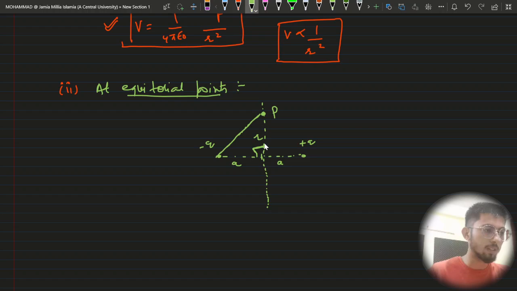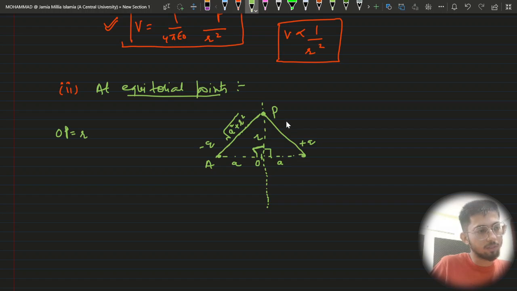So the distance from the charge to P will be under root of a square plus r square. Similarly for the other charge, this is r, this is still a, so this will be under root of a square plus r square again.